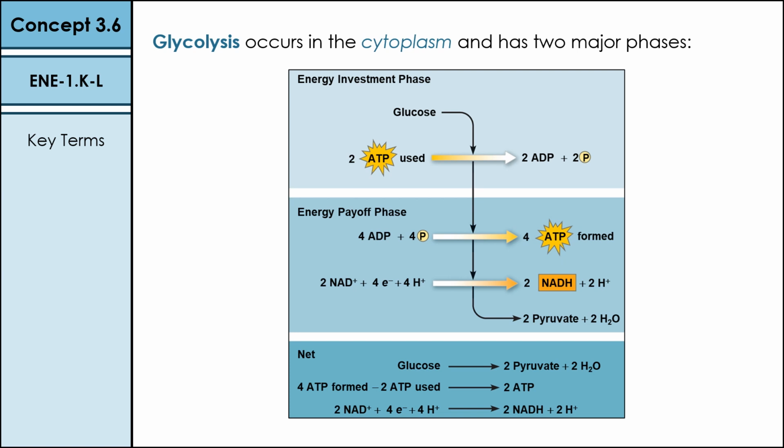Now I'm going to go through each of the individual steps of glycolysis, and we are going to see exactly how our glucose molecule goes from one molecule to 2 pyruvate at the very end.